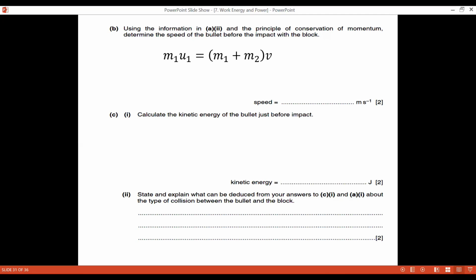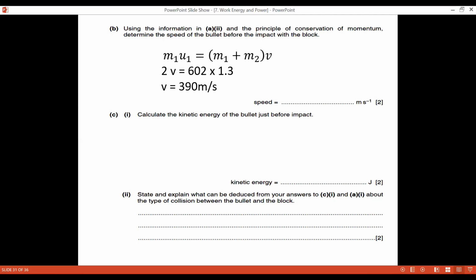The mass of the bullet is 2 grams and its velocity is to be found. Final velocity is 1.3. So 2v is equal to 602 into 1.3, and from there you can find the velocity of the bullet before it impacts. It is 390.